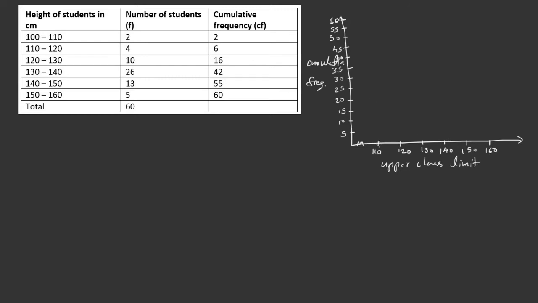So for first 110, the cumulative frequency is 2. For 120, the cumulative frequency is 6. For 130, the cumulative frequency is 16. For 140, the cumulative frequency is 42.